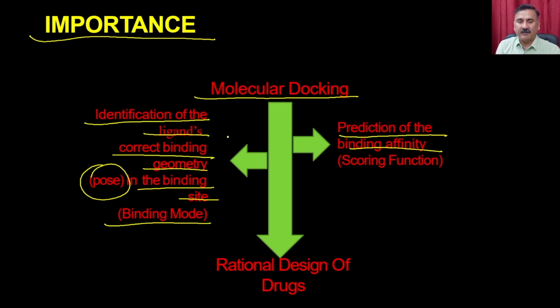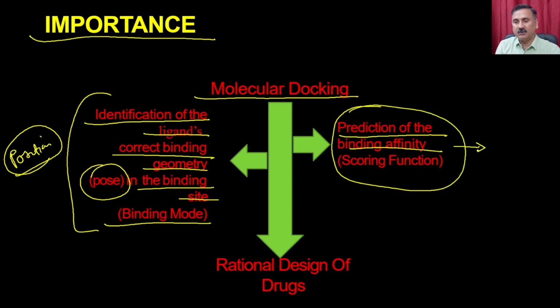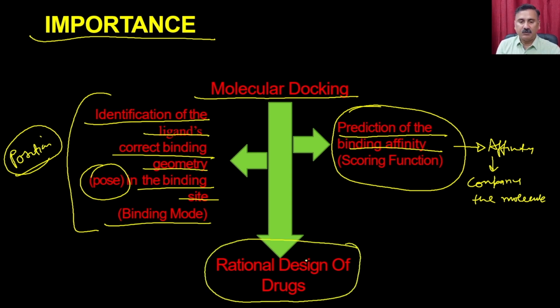First of all, it is going to say at what position this particular ligand is going to bind into the target, and it is also going to tell you the scoring functions, the affinity parameters, which can be used for comparing the molecules. That's why molecular docking can be used for rationally designing the target molecules.